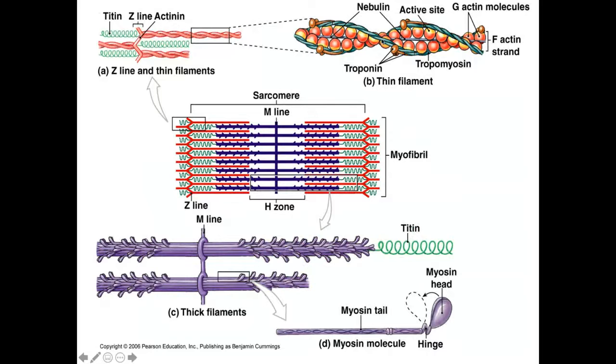Okay, so this is just another view on the upper right. You can see all the G molecules. We could see the tropomyosin. We can see the troponin holding it in place. On the bottom, we see myosin. And I want you to think of myosin as your elbow and your wrist and your hand.